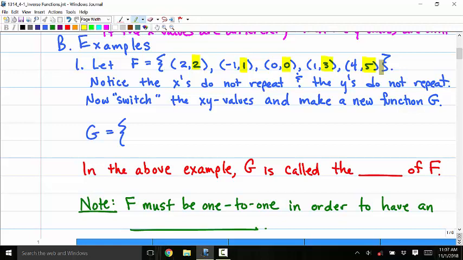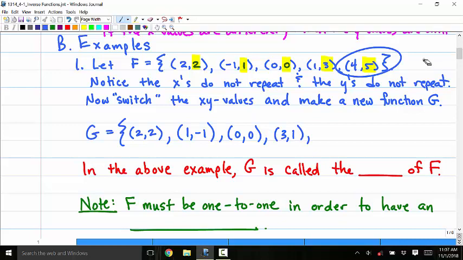Now we want to switch the x and y values and make a new function g. Well, 2, 2, you can't really tell those are swapped, but they are. What about -1, 1? It becomes 1, -1, 0, 0, 1, 3 becomes 3, 1, and 4, 5 becomes 5, 4.